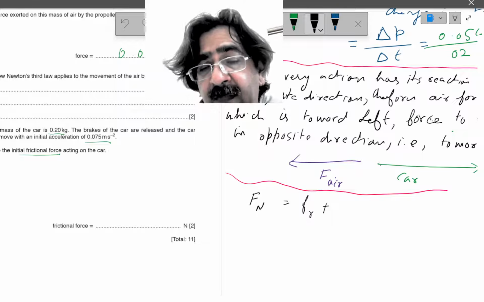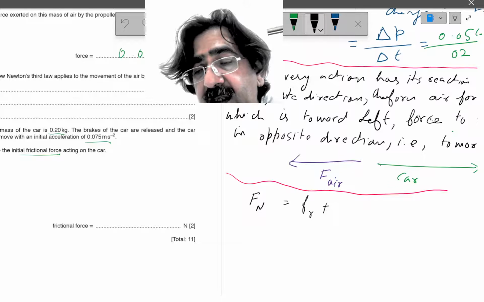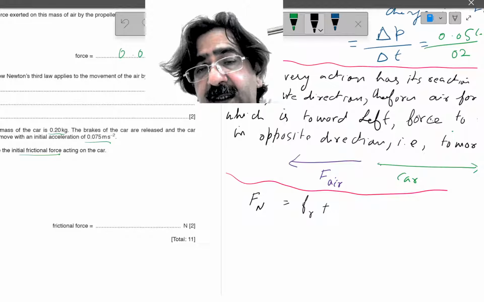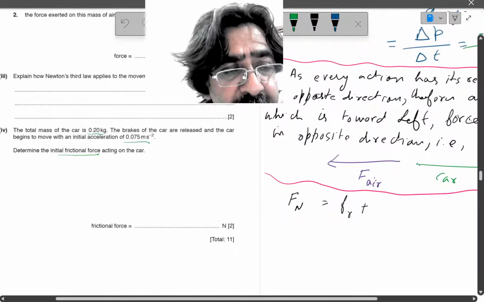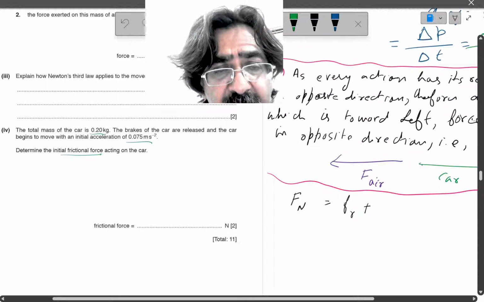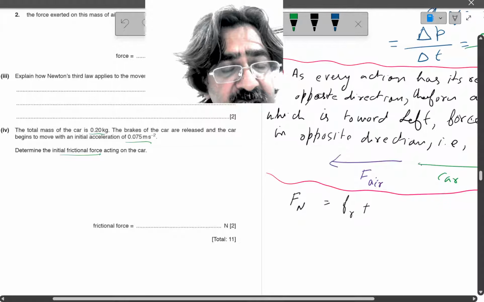The car will move toward the right side, and the car began to move at initial acceleration.